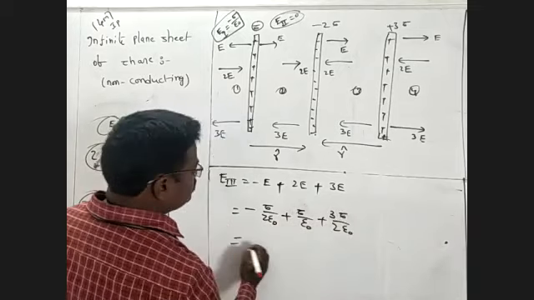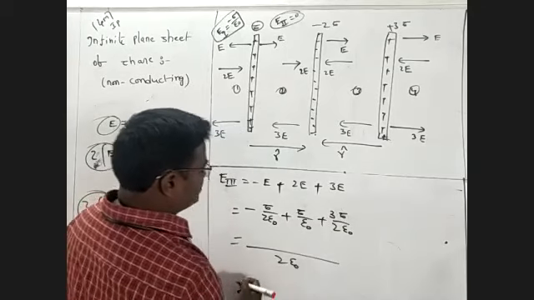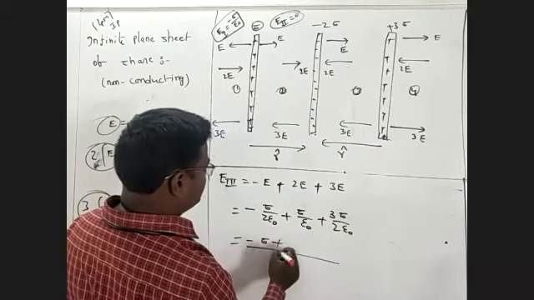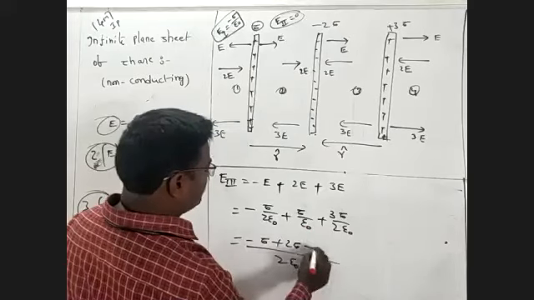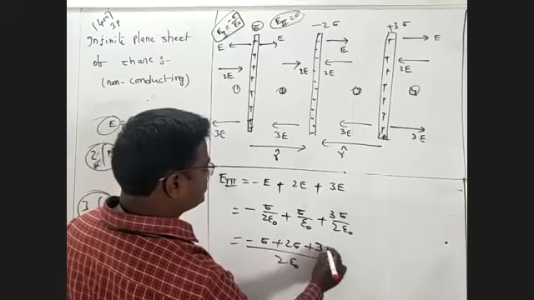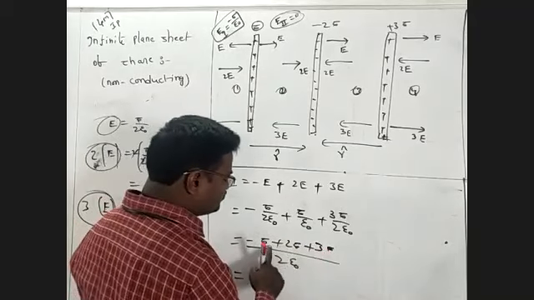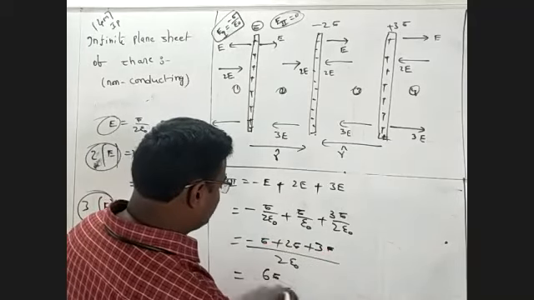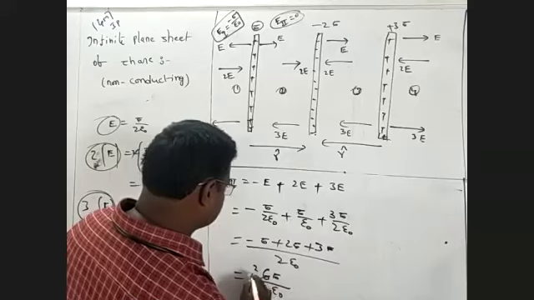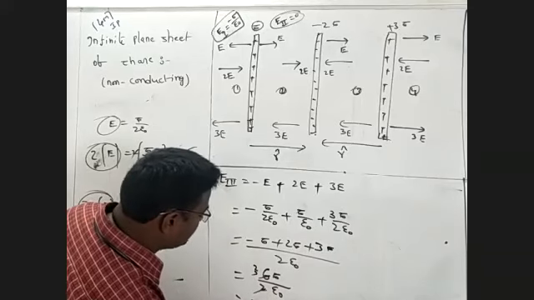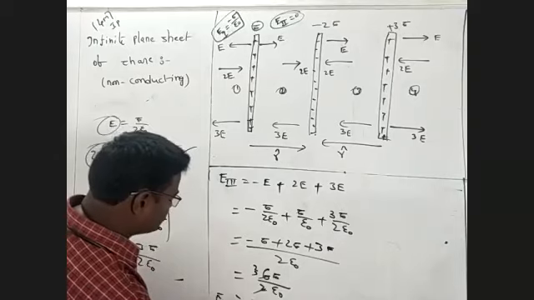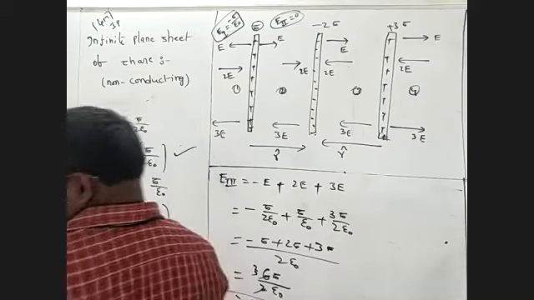Take the LCM 2 epsilon naught: minus sigma plus 2 sigma plus 3 sigma. The total value is 4 sigma by 2 epsilon naught. This is the E3 value.